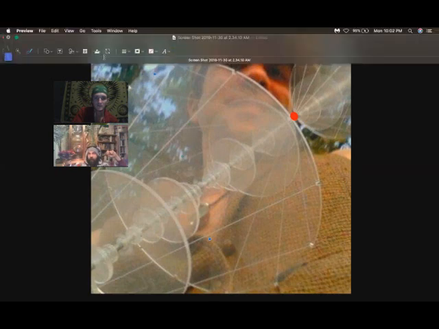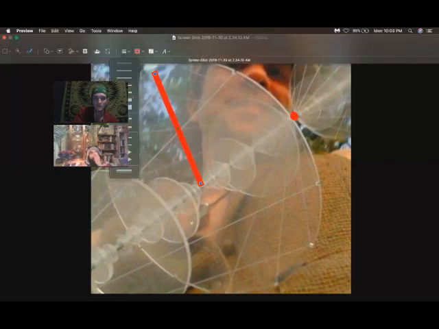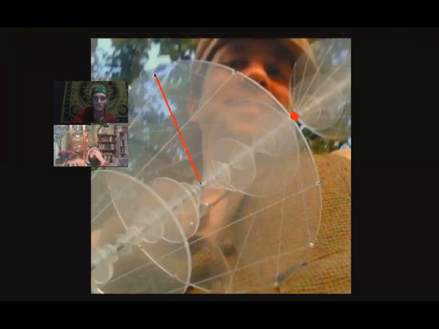This was before I even knew what string art was, and I created this, and by accident, at the center of the big spoke wheel, see the big wheel? At the center of that, right there, the epoxy that I used broke.